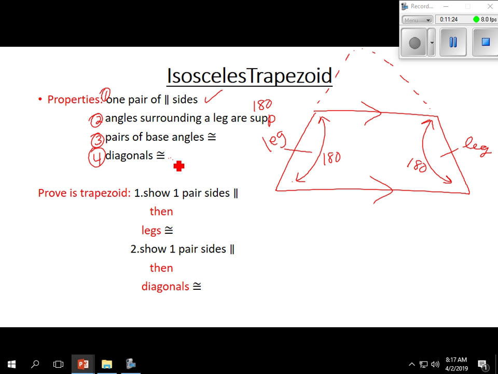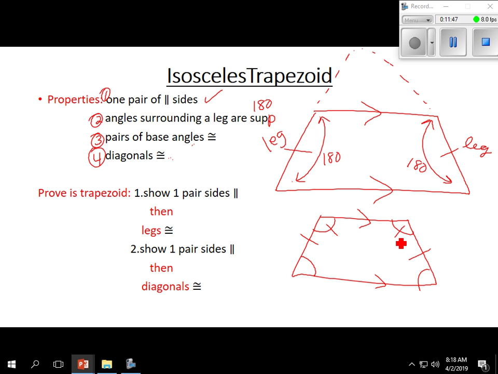I skipped number 3: pairs of base angles are congruent. In an isosceles trapezoid, you might want to draw another one. If this is an isosceles trapezoid, then this angle has to be congruent to that angle. This angle has to be congruent to that angle.